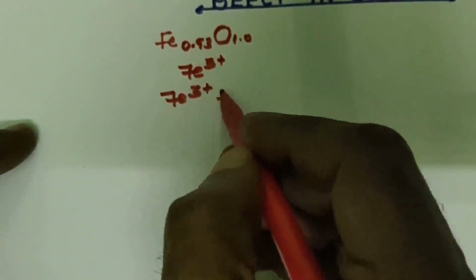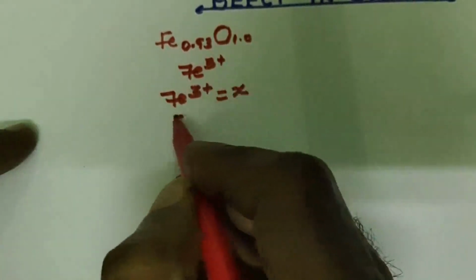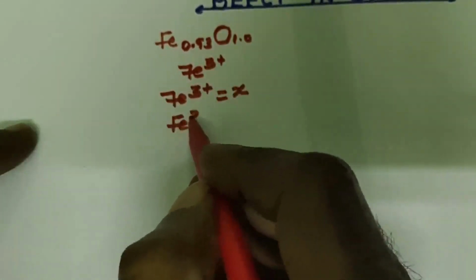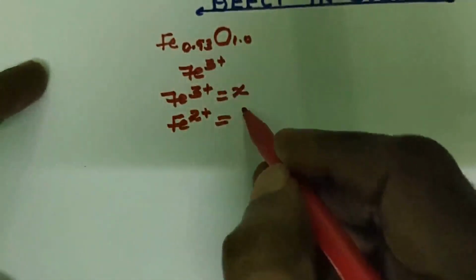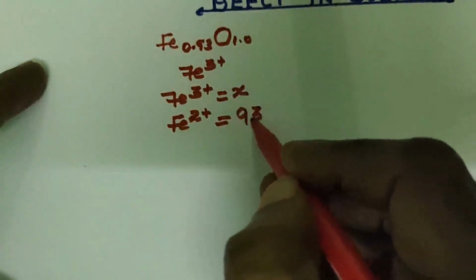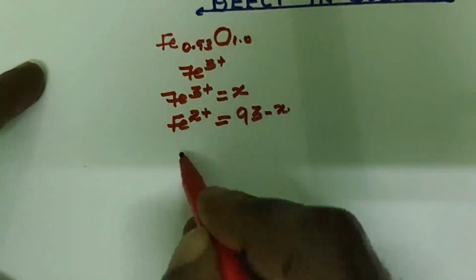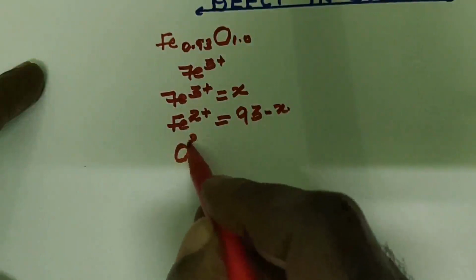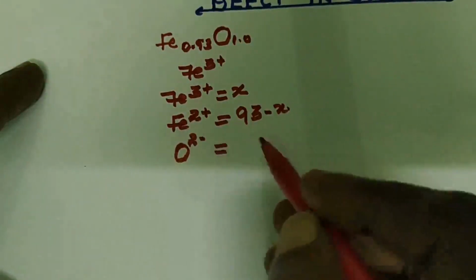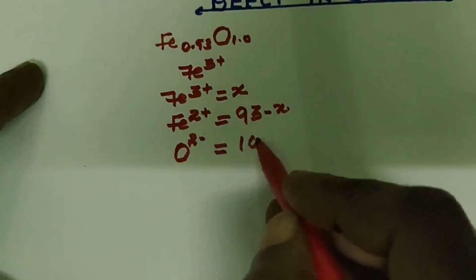So here Fe3+ is taken as X. Then Fe2+ is 93 minus X, since 0.93 is less than 1 and is considered as 93. The oxide O2 minus is 1.00, that is 100.